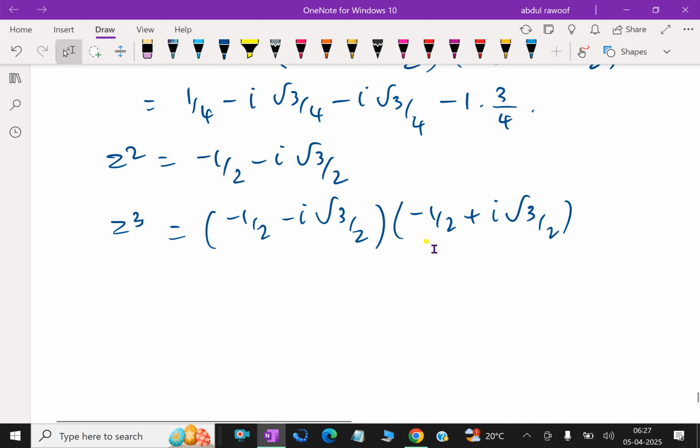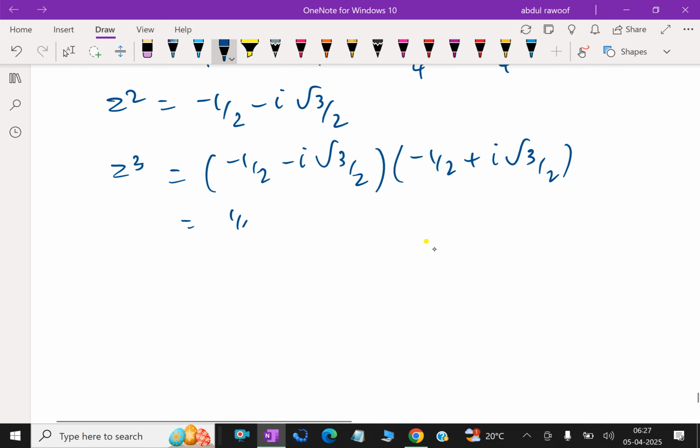Now we'll multiply this. Minus half into minus half is 1 by 4. Minus half into I root 3 by 2 is minus I root 3 by 4.